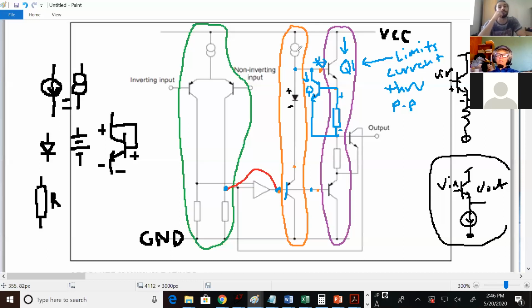Good question. This current right here is split between the two. There may be some other circuitry on here to make sure it has kind of a constant current. You can assume that this is all the current that's available for these two branches, and that this one is not perfectly constant, but relatively constant.